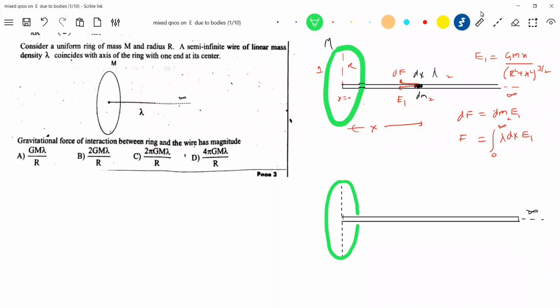I think there's a diagram I can show here, no? Tell me how the E bar is at the location of the ring. It will have two components, no? One will be E perpendicular. The other will be E parallel. Not only here, everywhere at all points, this would be the condition. Due to what? Due to the rod.